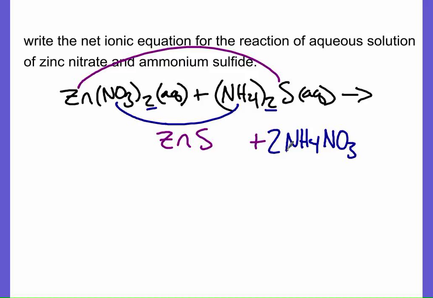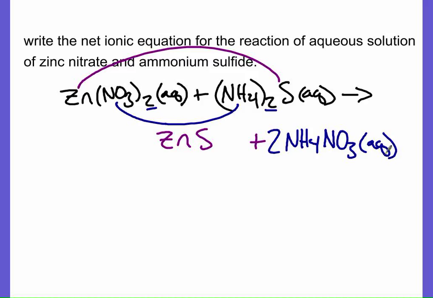Again, if I go back to my rules, this is almost the same as the one before. Ammonium and nitrate, right, according to guidelines 1 and 2, are almost always soluble. So I can go ahead and put an aqueous behind this because I'm pretty sure that's the way it's going to be. But then again, guideline 6, most sulfides are insoluble, and this is not calcium, strontium, sodium, potassium, or ammonium.